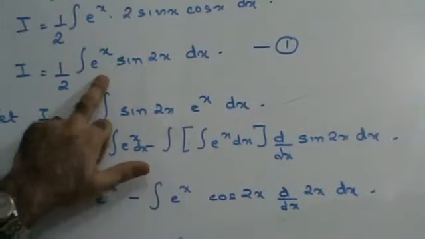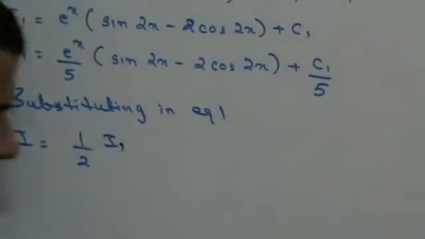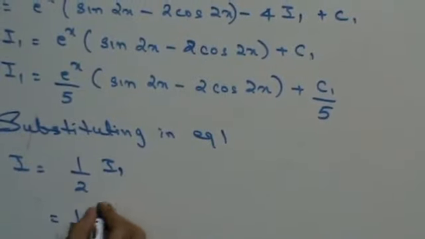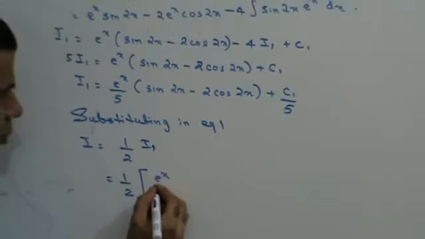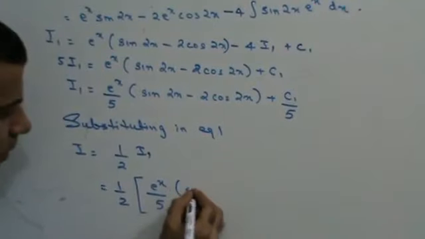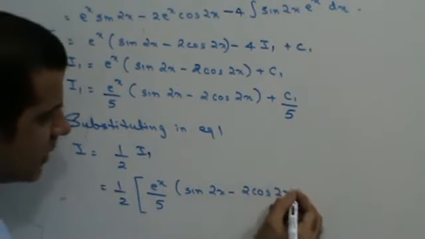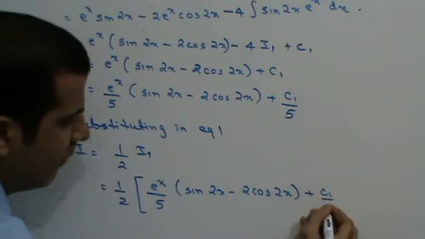So this will become half I1, right? And we have just found out the value of I1. So this is half e raised to x upon 5 into sin 2x minus 2 cos 2x plus C1 by 5.